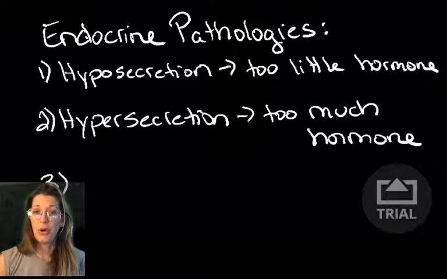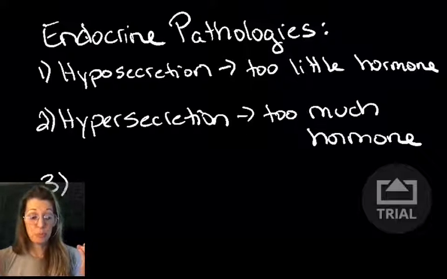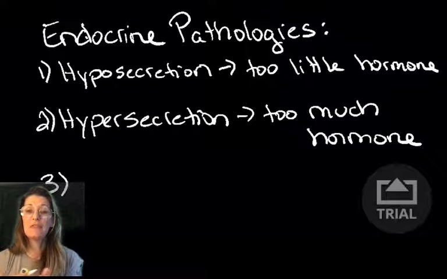is, remember, with all of this chemical messenger stuff, the key is the target tissue, right? The target tissue has to have the correct receptors. When we're talking about the endocrine system, hormones get released into the blood. Where does the blood go? The blood goes everywhere, right? So we have to have certain tissues that have the receptors for those hormones.